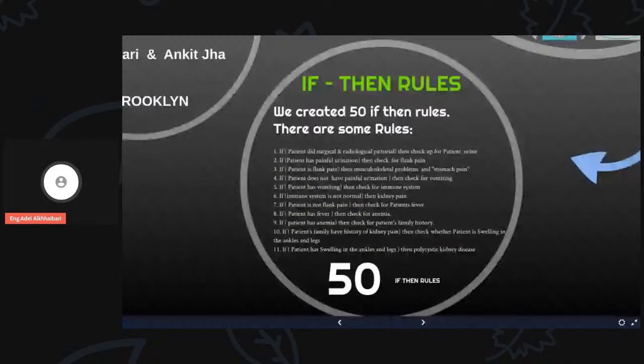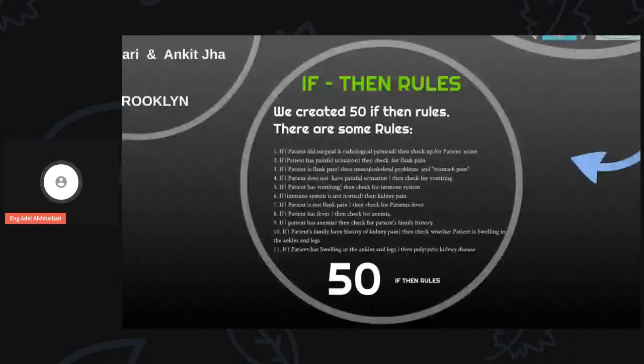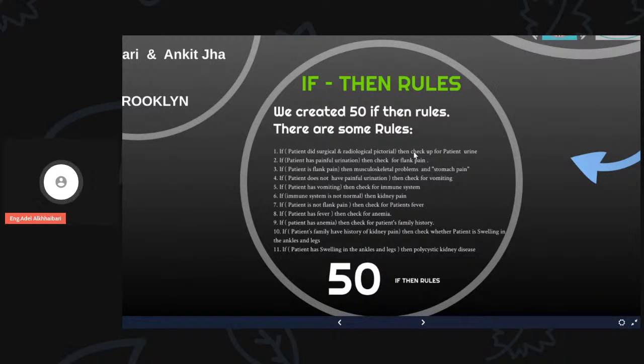The first side is for the programmer, and the other side is for the medical. For the programmer, these are if-then rules. We created up to 50 if-then rules. This is some of them. If the patient did surgical and radiological bacterial tests, then check up the patient area.